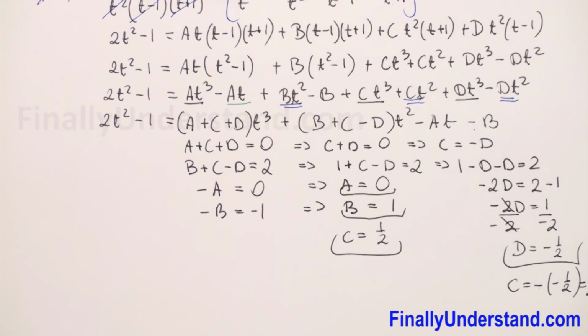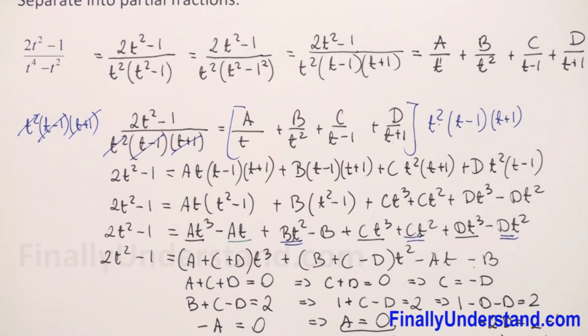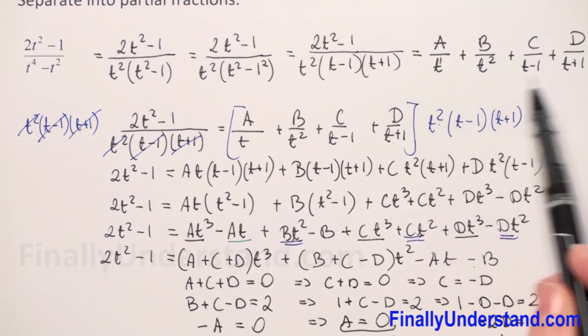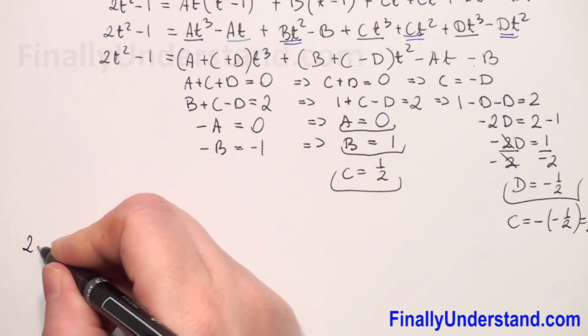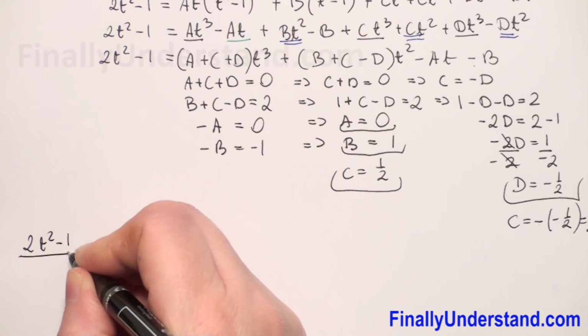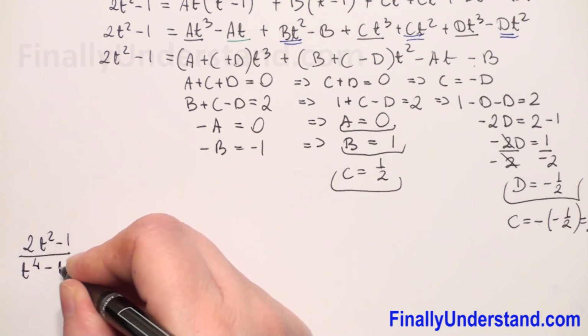So now we can come back to our original fraction, and we can rewrite that this is equal, let me copy our original fraction, 2t squared minus 1 over t to the 4th power minus t squared.